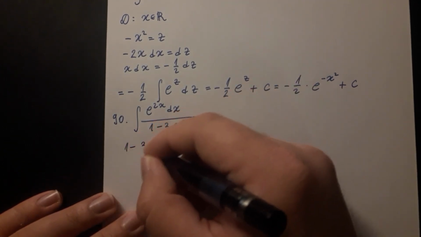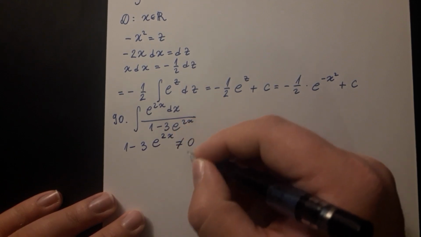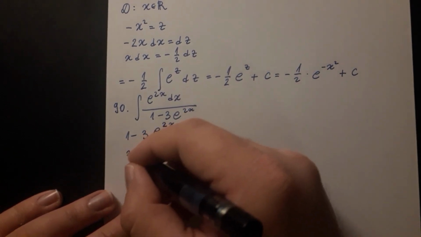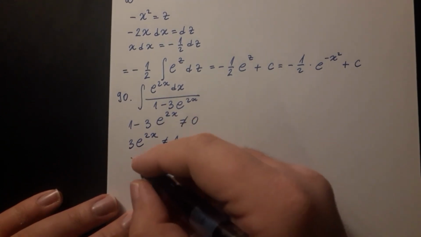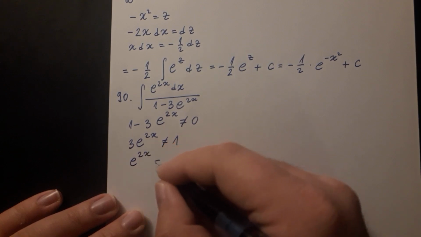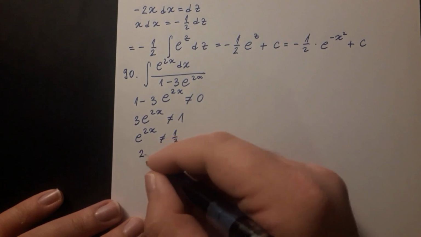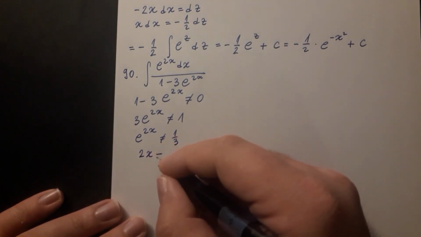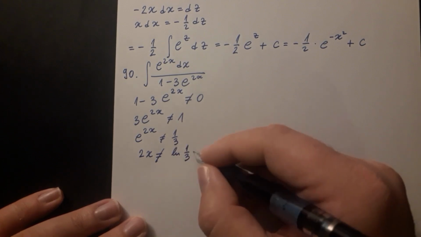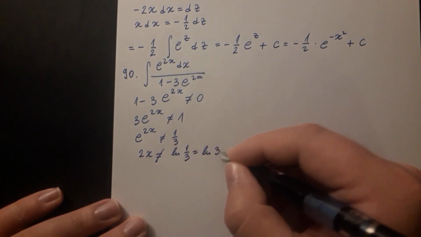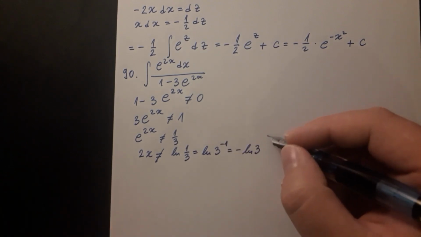Well, 1 minus 3e to the power 2x has to be different than 0, and that means that 3e to the power 2x has to be different than 0, which makes e to the power 2x different from 1/3. Well, that means that 2x has to be different from ln of 1/3, which is equal to ln of 3 to the power negative 1, which is equal to negative ln of 3.